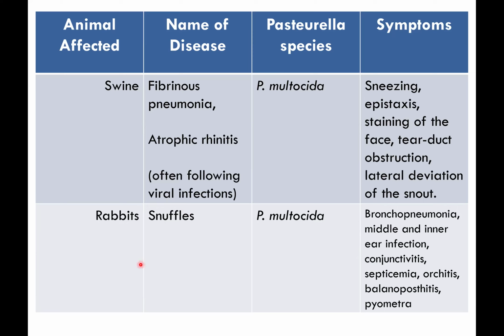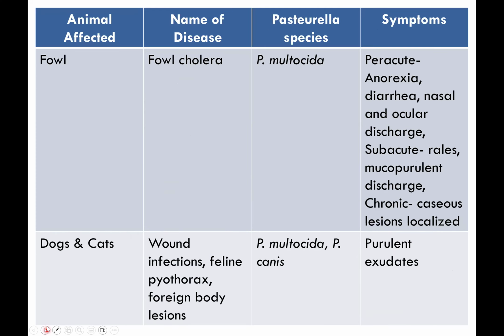Then in rabbits, there is snuffles. This causes bronchopneumonia, middle and inner ear infection, conjunctivitis, septicemia, orchitis, metritis, and pyometra. In birds, we have fowl cholera. This causes anorexia, diarrhea, nasal and ocular discharge for acute cases.